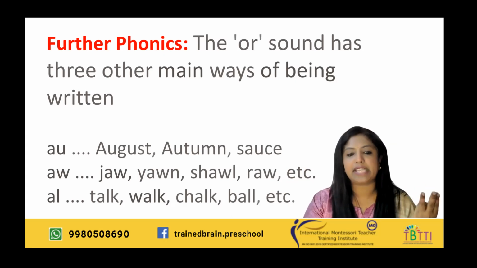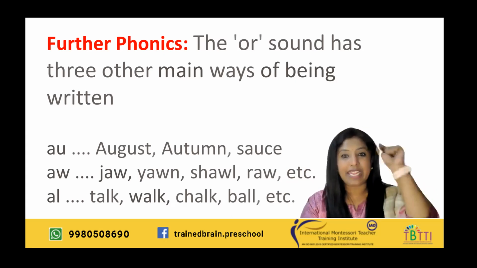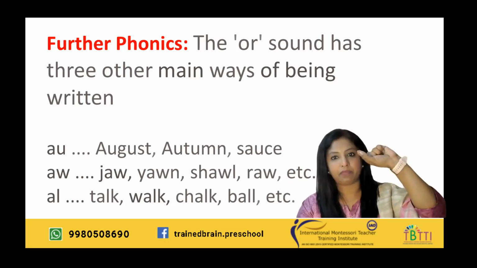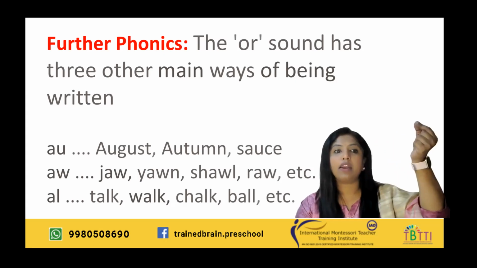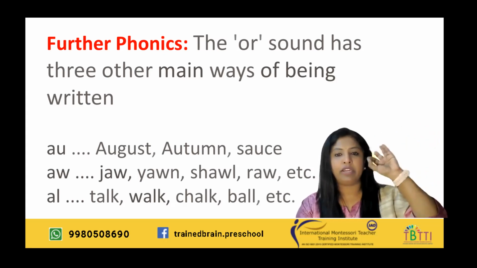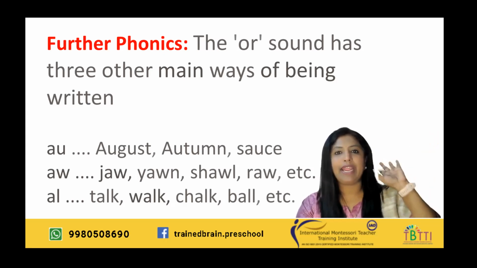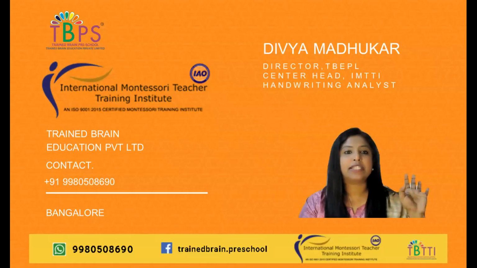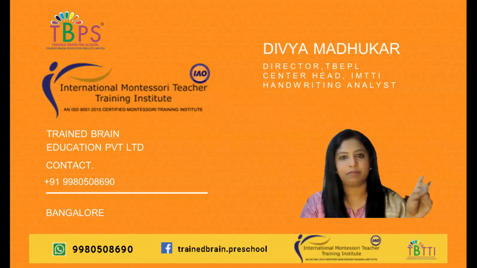Now tell me how many sounds that we have. For EE, we have an alternative spelling, EA. For OR, we have alternative spellings 3. That is AU, AW, AL. Clear? So that covers our 4th group.